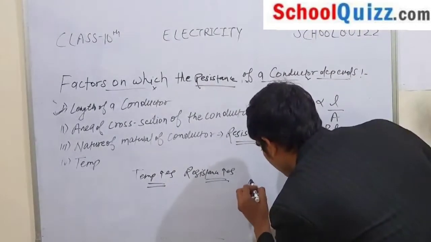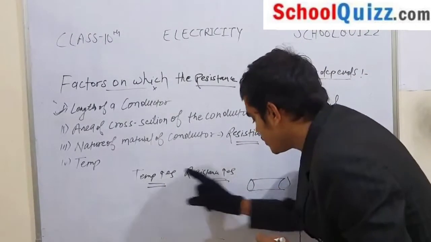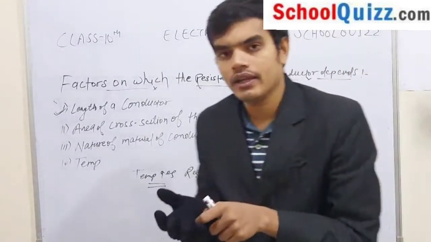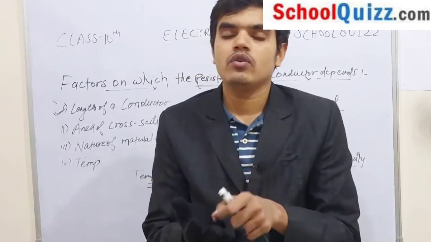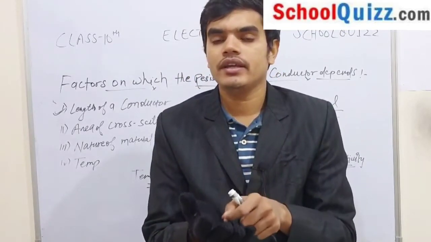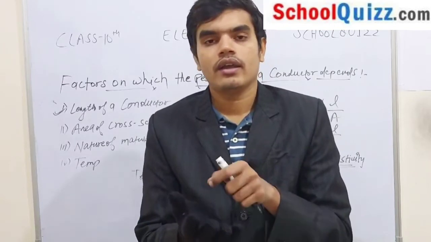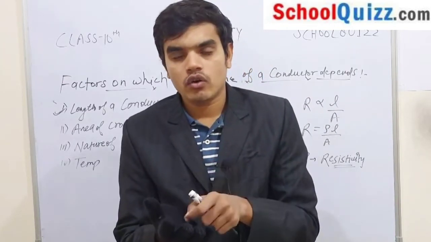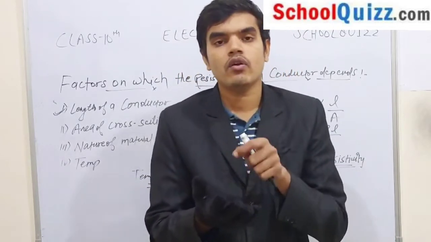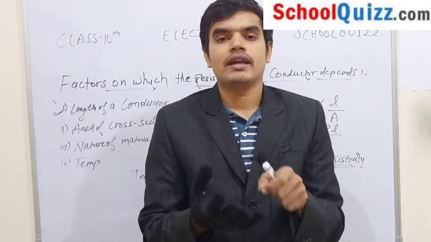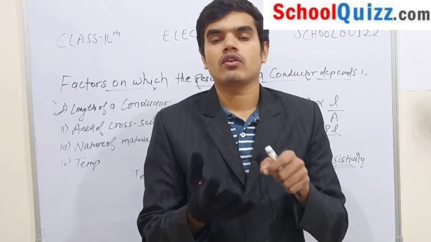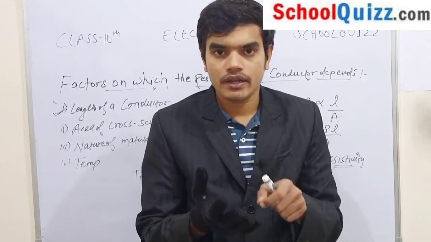Because when we increase the temperature, we are providing heat to the conductor, and the atoms absorb that heat and start vibrating. The electrons present inside the conductor get excited and start moving, and as they move, they collide with other electrons or other atomic particles.